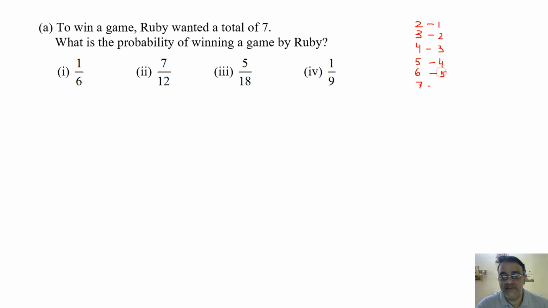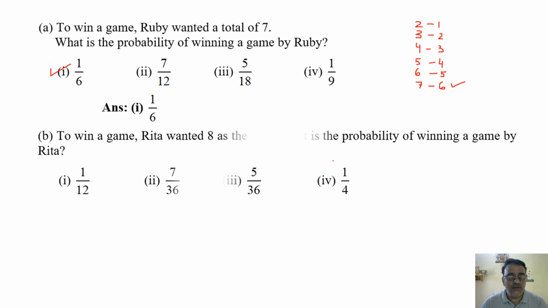And how many times does 7 appear? 6, right? So 6 upon 36. This is clear? Yes, sir. So 6 upon 36, if you simplify, 1 by 6. And the correct option is the first one, right?